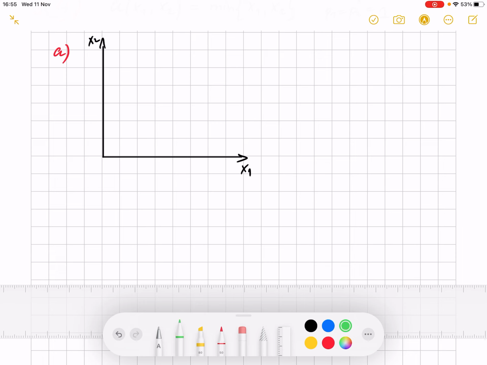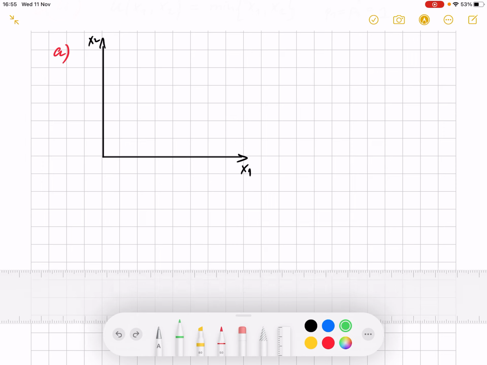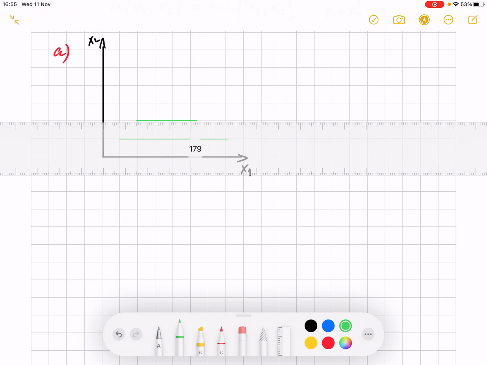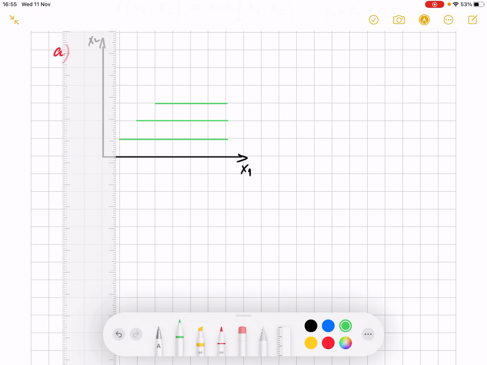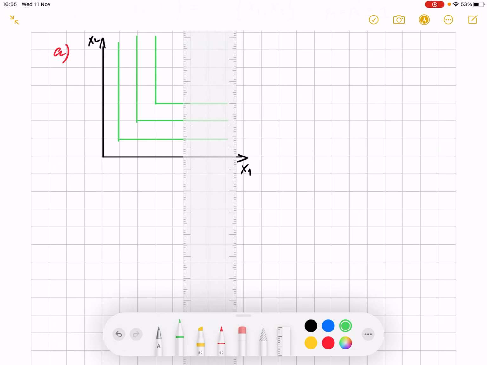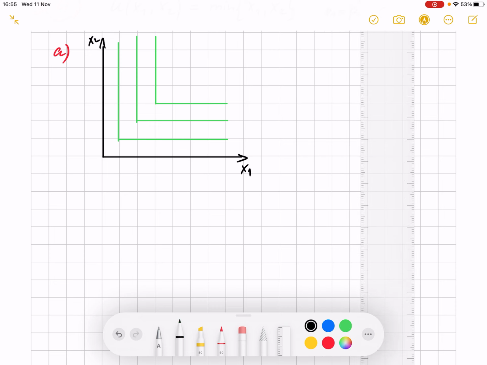You know how indifference curves are going to look like. These are just going to be such 90 degree kinks, and I just remind you that we have infinitely many indifference curves that are parallel to each other. And then we also will have a budget constraint.